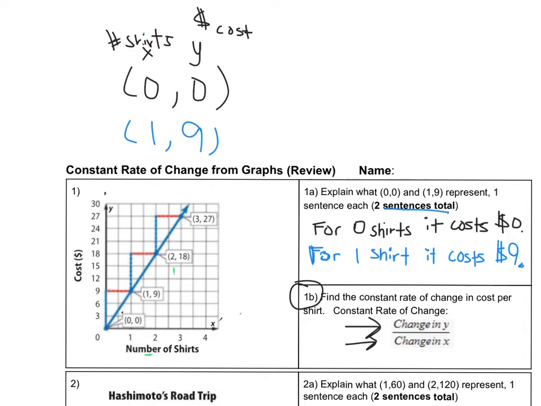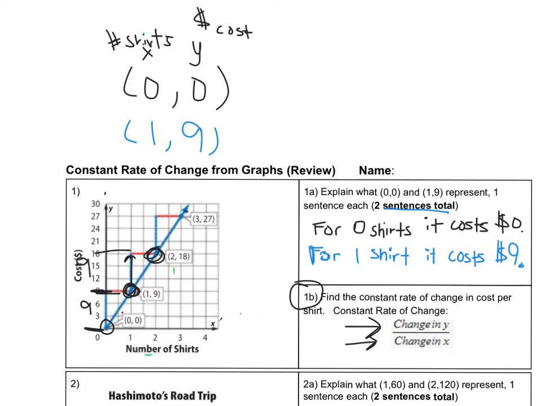So first of all, if you look at this one, your y values are the change in the height. If I pick any 2 points, I could pick these 2, and to go from 0 up to this point right there, that's going to be a change of 9. If I start with this point and this point, that's going from 9 to 18, again the change is by 9.